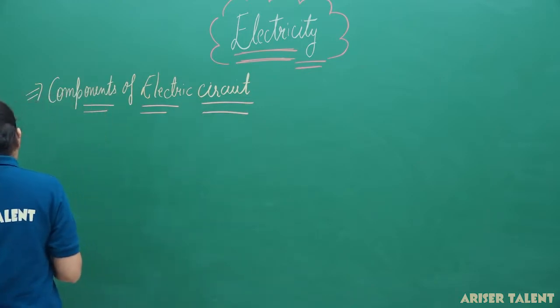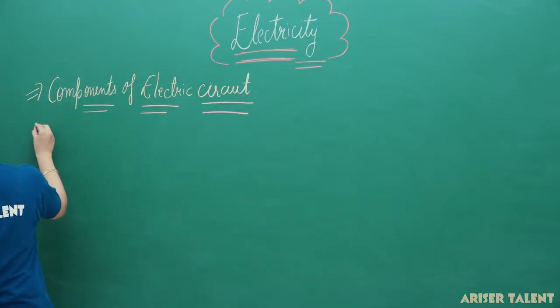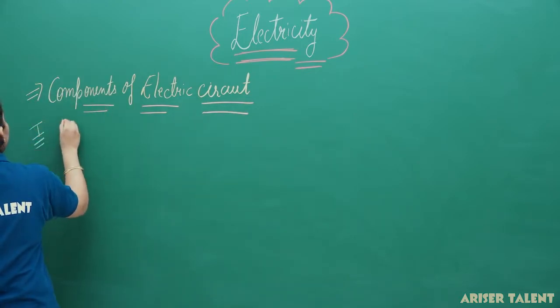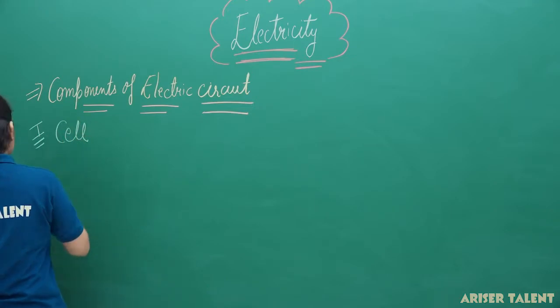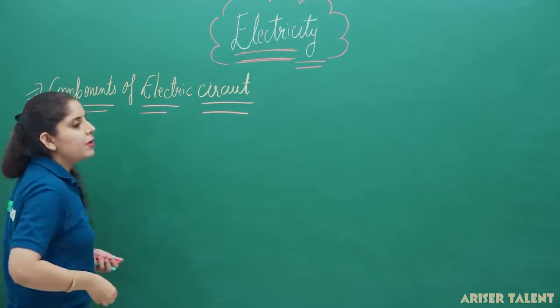In components of electric circuit, the first term we are going to discuss here will be cell. This is a very simple thing we have discussed earlier, what is the cell?